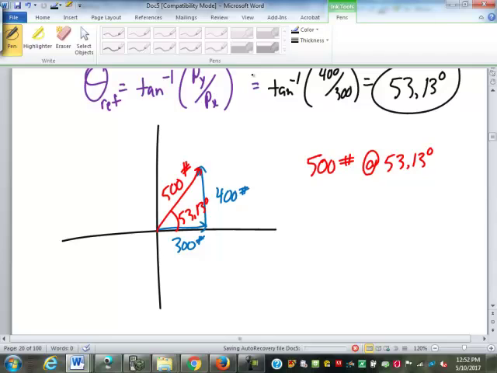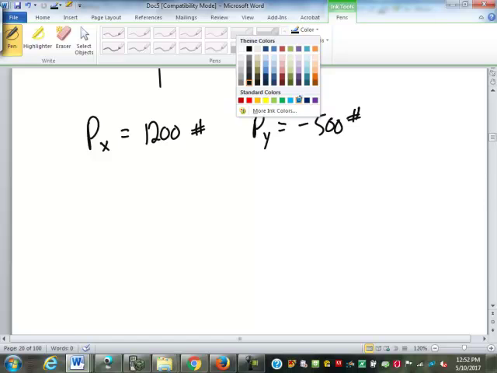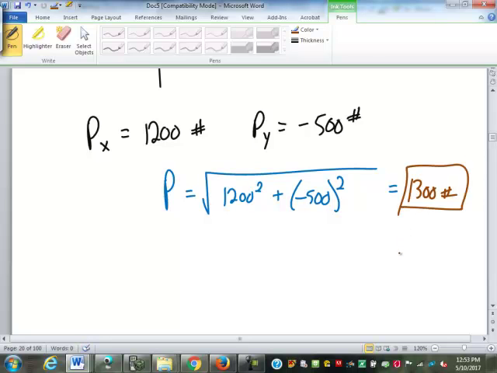However, if I had one that looked like this, Px is 1,200 pounds, Py is a negative 500 pounds. My magnitude is pretty straightforward. That's just going to be the square root of 1,200 squared plus negative 500 squared, otherwise known as 1,300 pounds.